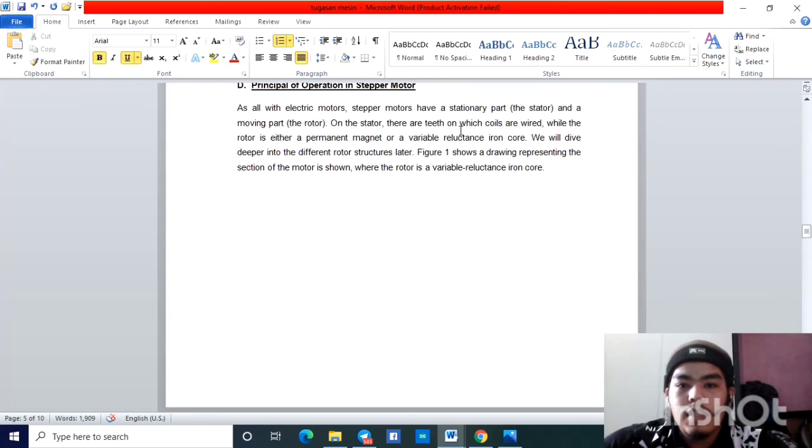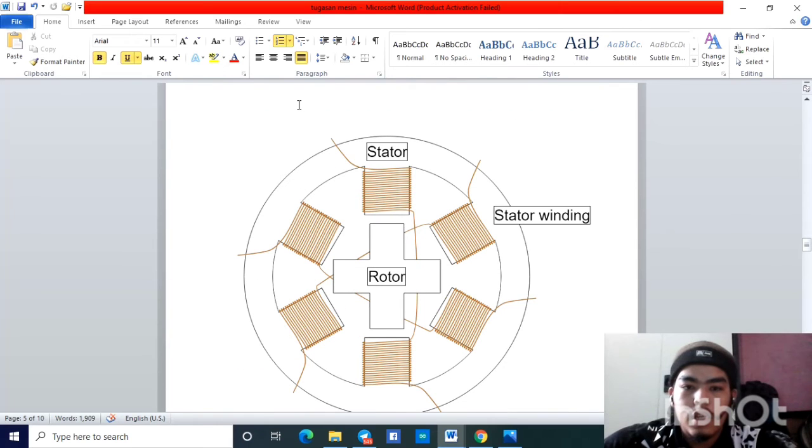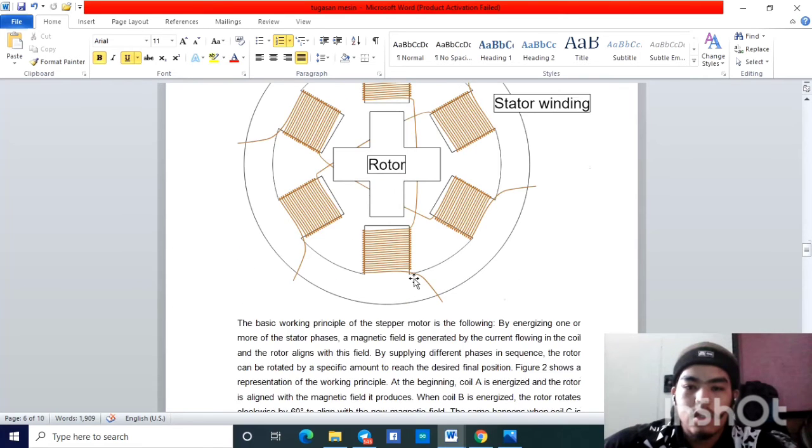On the stator, there are teeth with coil wire. With the rotor is added a permanent magnet and a variable reluctance iron core. We will dive deeper into the different rotor structures later. The coils are wound on the stator teeth. This is the rotor, which is not moving.